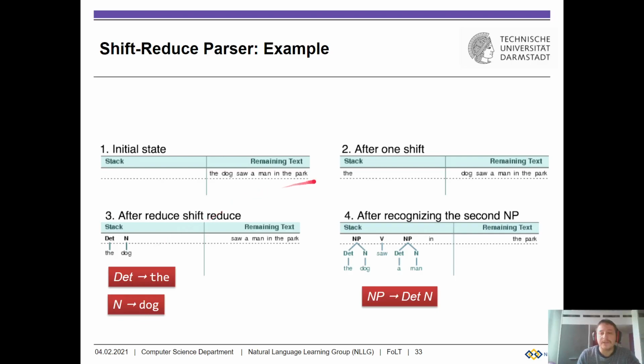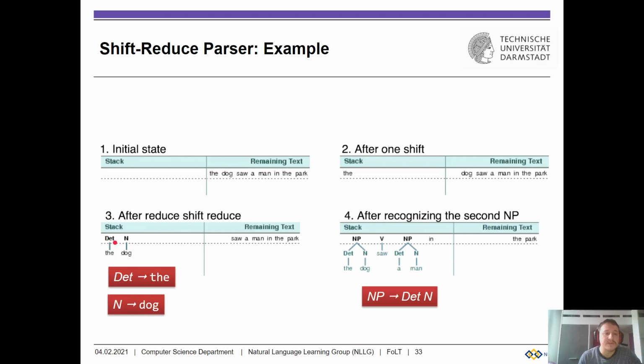And here I have to say that actually when we push the on the stack, we can do one reduce operation. We can say the is a determiner, so we're gonna replace this by determiner. And then next we're gonna push dog on the stack, and we're gonna replace dog by noun right away.